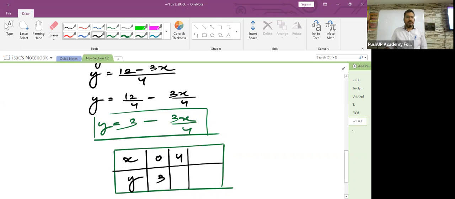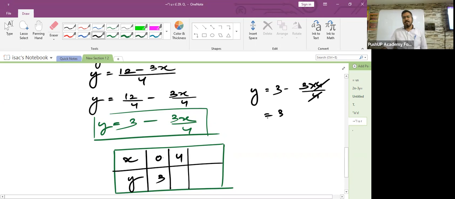So I'm taking x is equal to 4. It will be 0, because it is 3 minus 3 into 4 divided by 4. 4 and 4 cancel. So 3 minus 3 is equal to 0. Very good. Next, which value?